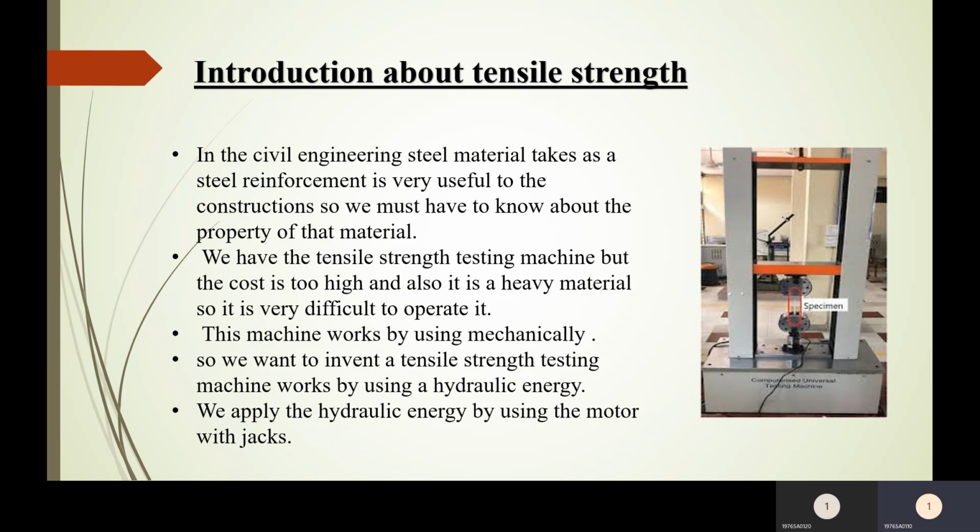Now, the introduction about the tensile strength machine. This machine is used to know a property of the material. The property is the tensile strength of steel reinforcement.